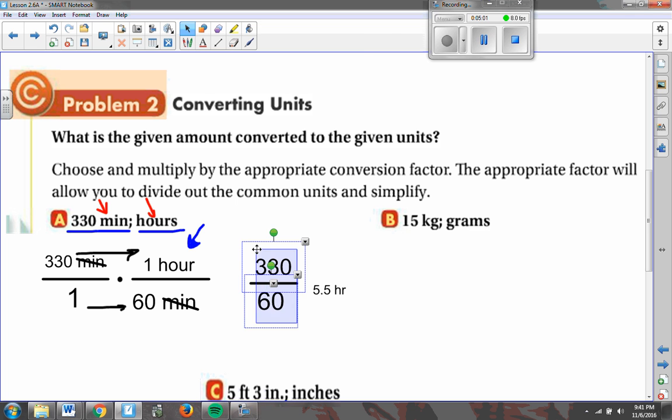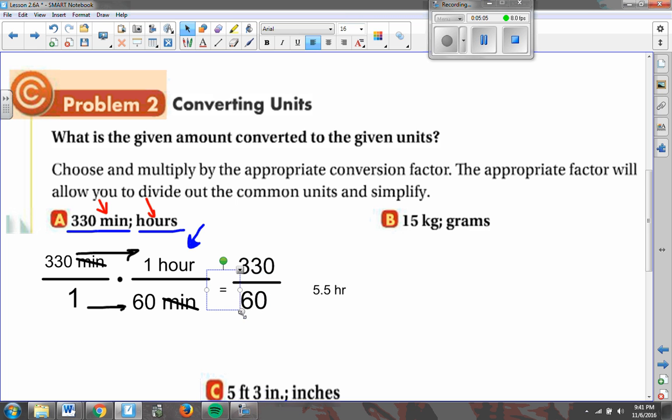So we would just do this division on a calculator, and the number that we get then is in hours because we canceled out the unit of minutes. So again, we started with what they gave us and then wrote a conversion fraction that allowed us to cancel out the unit they gave us in exchange for the one they wanted, and then just multiply the top and bottom and then divide.